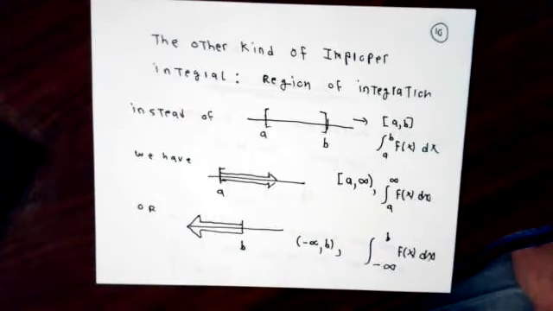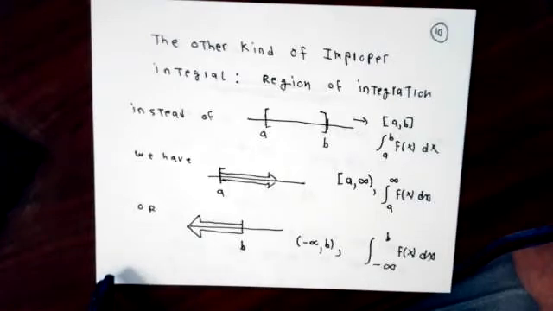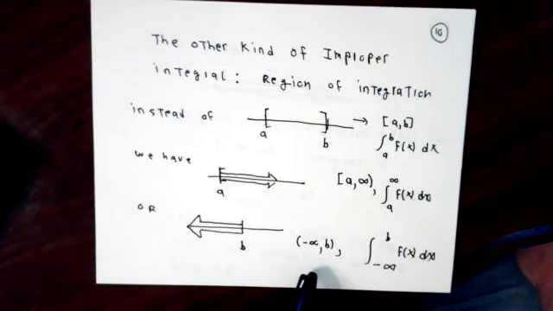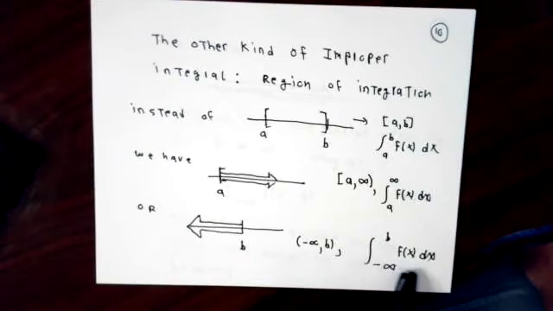Or to flip the picture around the other way, I want to include some number b, and I want to include all numbers to the left of b. The region of integration would be -infinity to b, and the type of integral would be integral -infinity to b f of x dx.